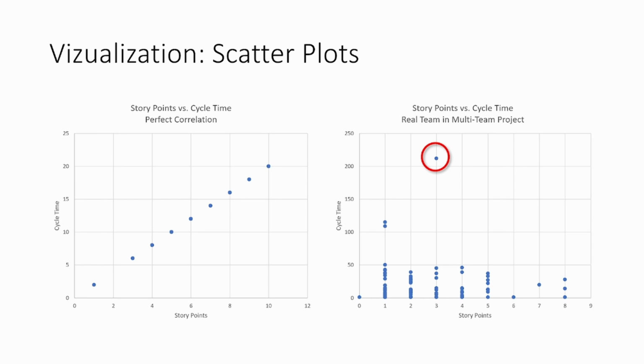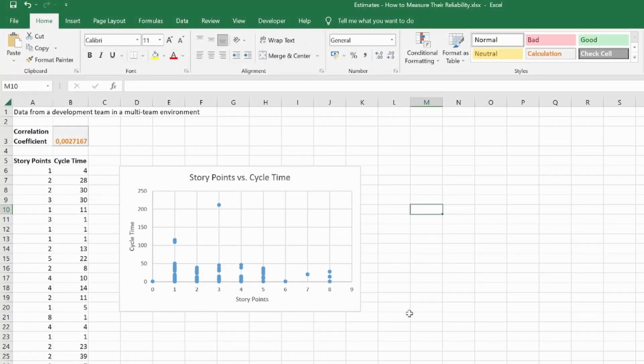So let's have a look at how you can figure out whether your team has this problem. Here we can see what I did. I extracted cycle times from Jira in this case. To get the cycle time, I took the time from in progress to done for each item. And then I also extracted story points.